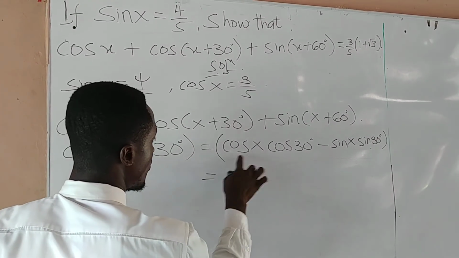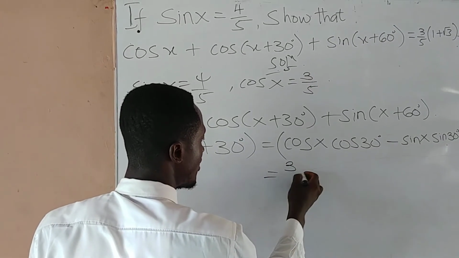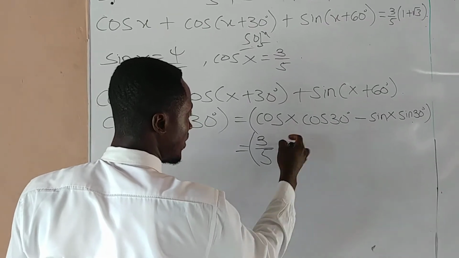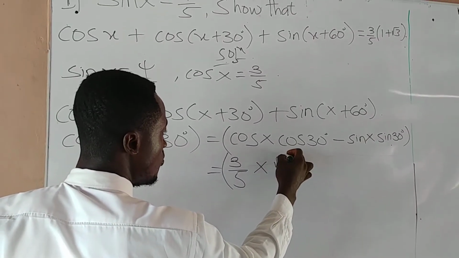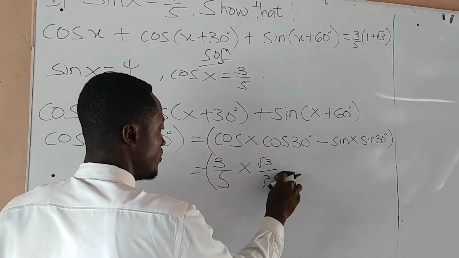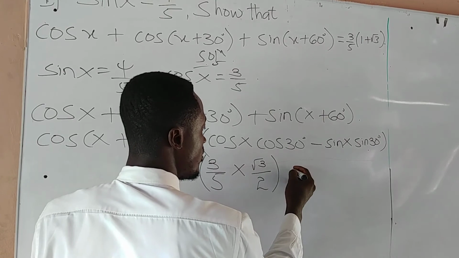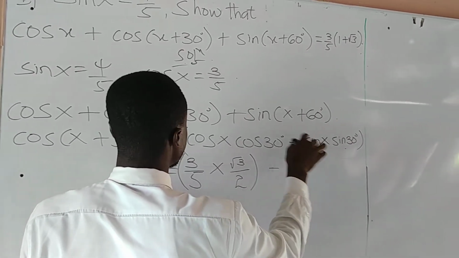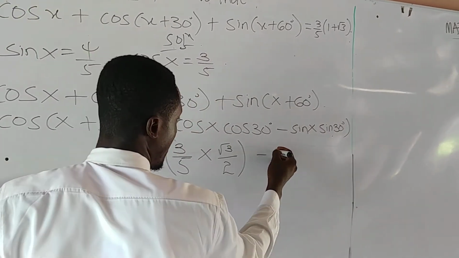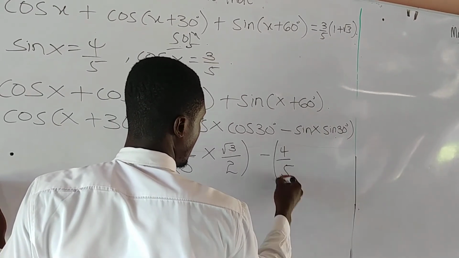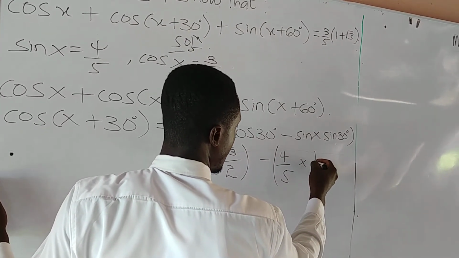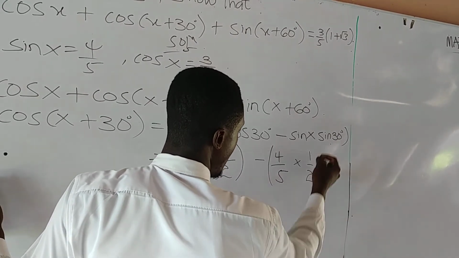So we have cos x is 3 out of 5, so write 3 on 5. Cos x and cos 30 are multiplying, so times cos 30, root 3 on 2. Then we bring the operation sign, sin x. Sin x is 4 on 5. Sin 30 is the same as cos 60, so times 1 on 2.